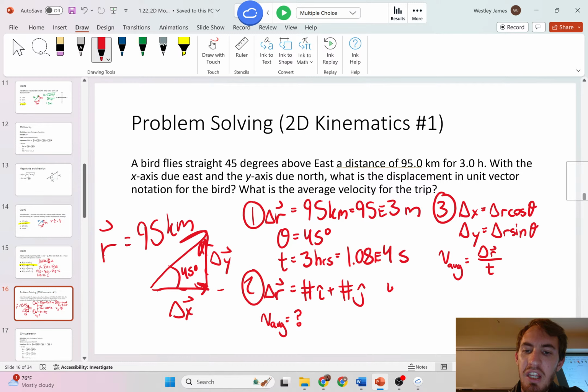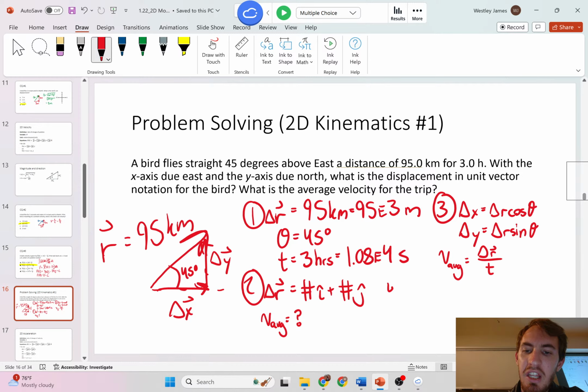we plug in the numbers. Delta x is going to be 95 E3 cosine of 45. That'll spit us out something. Delta y is going to be 95 E3 sine of 45. That's going to spit us out something. And V average is going to be 95 E3 divided by 1.08 E4, and that'll spit us out something.